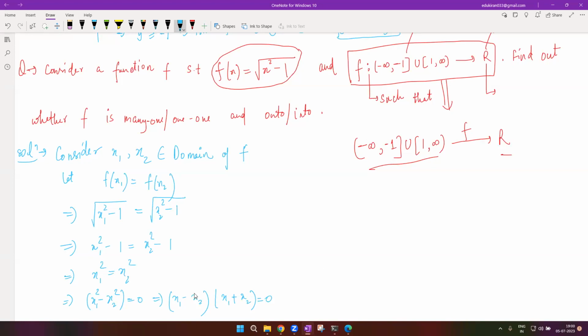Now, if I take the first factor, x1 minus x2 is equal to 0, that gives us x1 is equal to x2. Okay, we got one answer. If this is the only answer of the expression, then we will say the function is one-one. But we also got another factor, x1 plus x2 is equal to 0, which gives us the answer x1 is equal to minus x2.